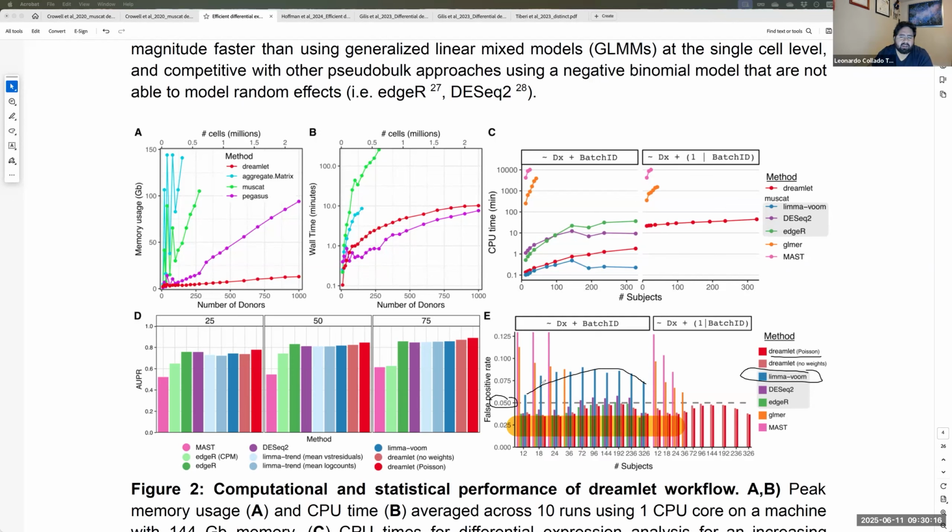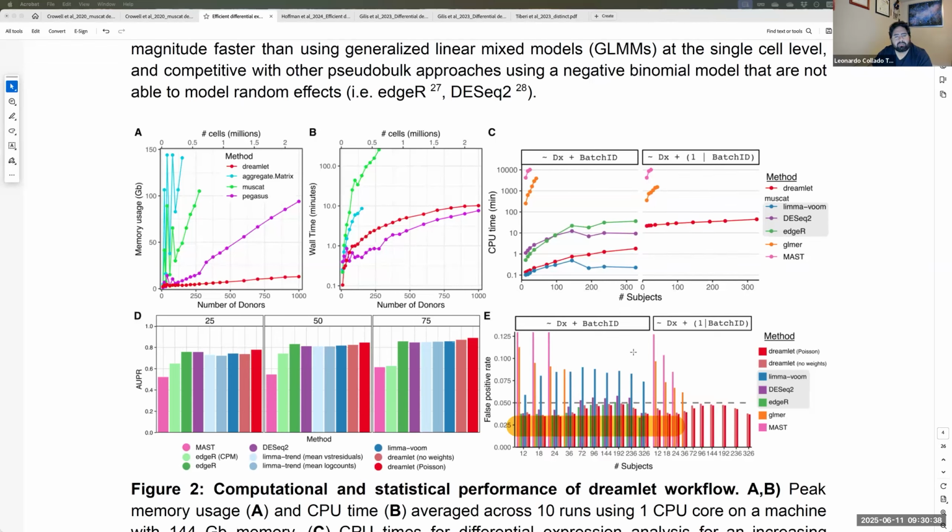They showed here that limma-voom is going to have some trouble adjusting for the false positive if you're modeling batch ID as a fixed effect. It doesn't support mixed models. That's why you don't see a blue line on the right side here.